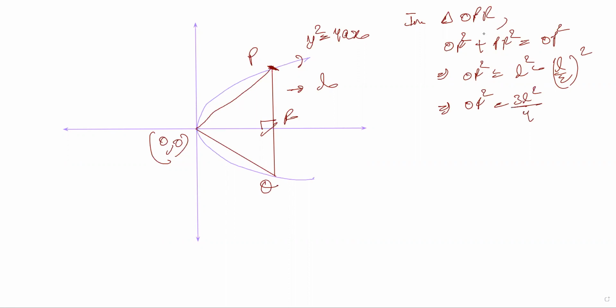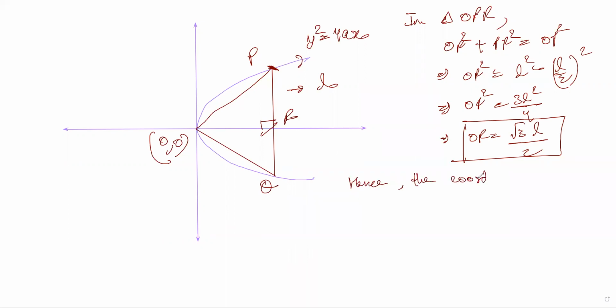Hence OR has to be root 3 L by 2. So you can find this P coordinate as (root 3 L by 2, L by 2).